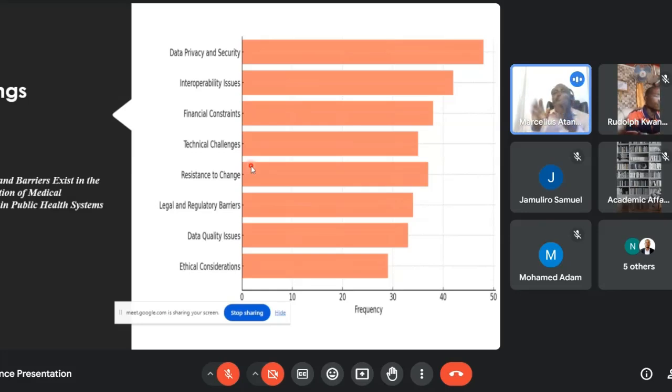If you send maybe medical reports or imaging from one institution to another, what is the probability that the second institution's equipment will be able to interpret those results just the way the primary institution got them? So these are issues of interoperability.